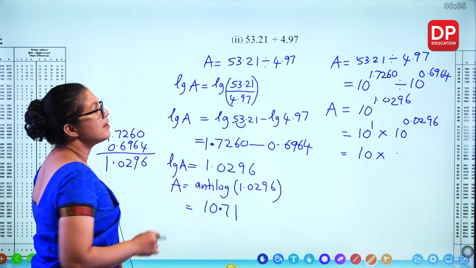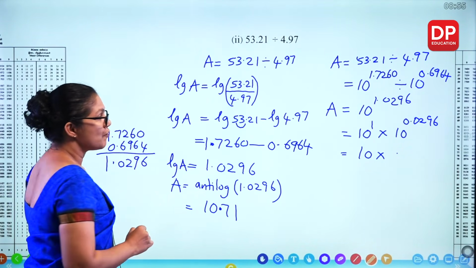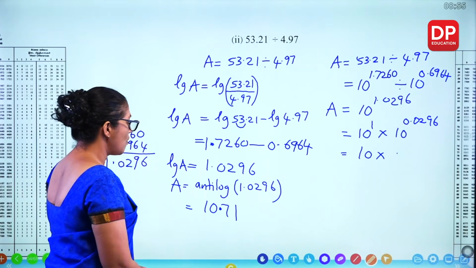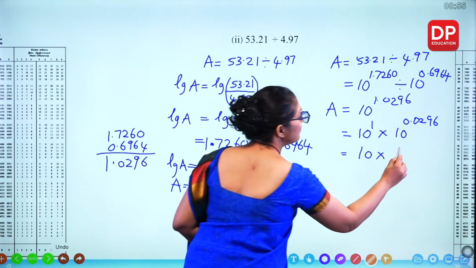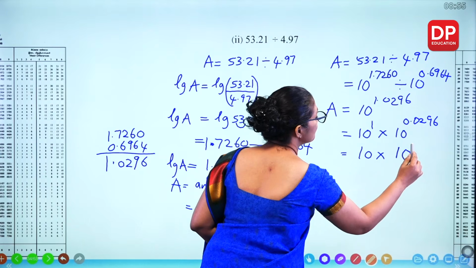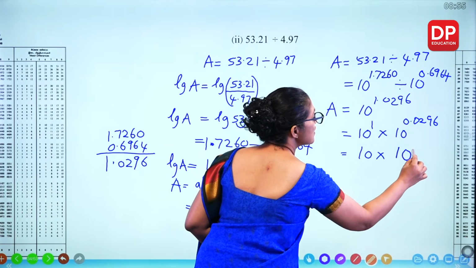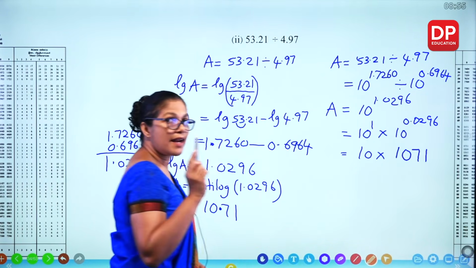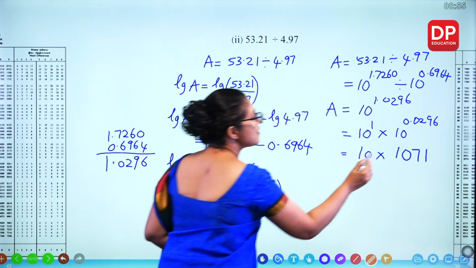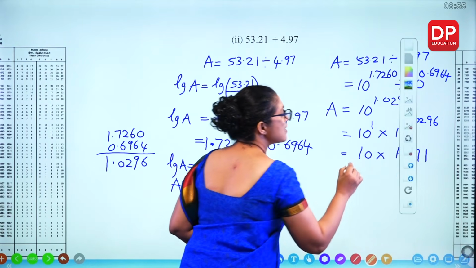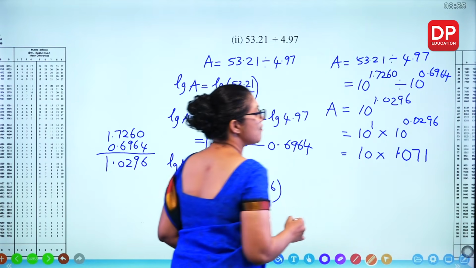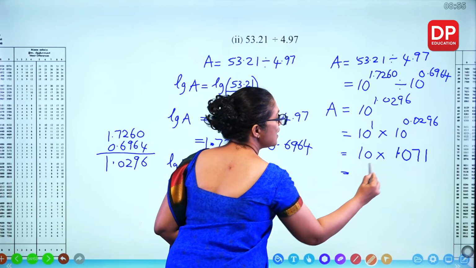We can find it from the table, that's 1071. But the characteristic is 0, that means 1.071 multiplied by 10, you can get 10.71.